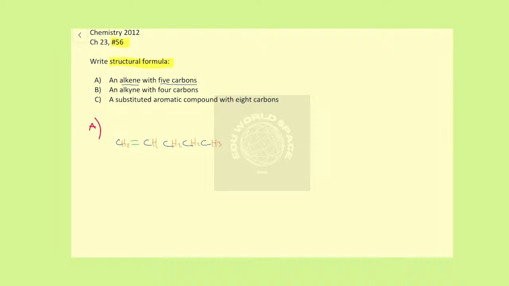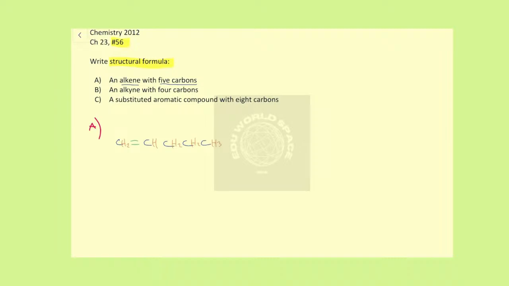So I need 2 more carbons, and I'll just add 1 ethyl group. An ethyl group has 2 carbons, so CH2, CH3. So there you go. Is my aromatic compound substituted? Yes, it has this alkyl group. Does it have 8 carbons total?